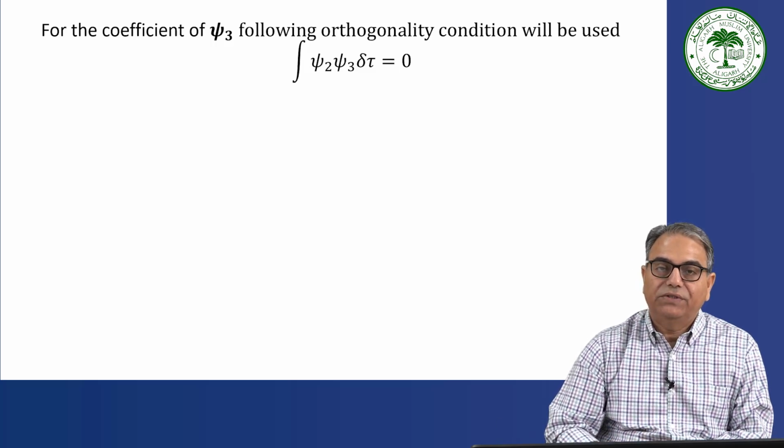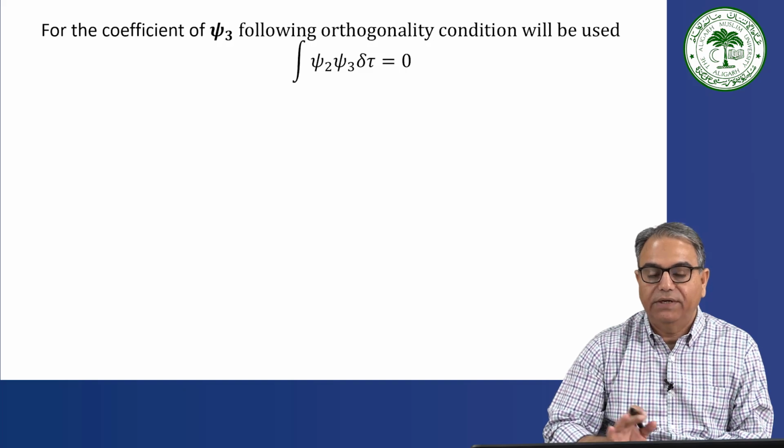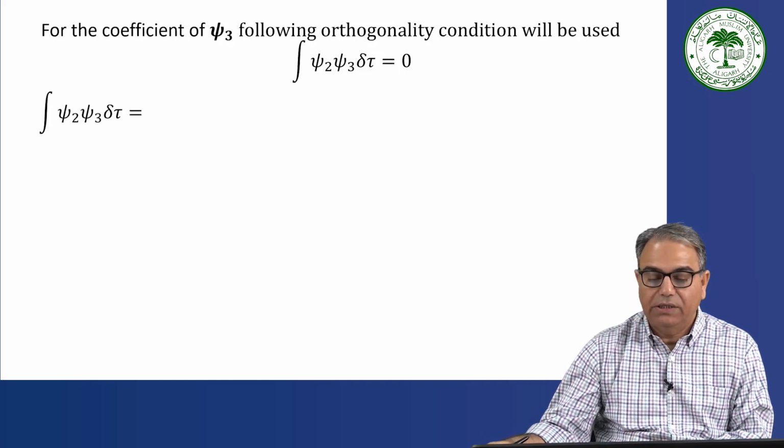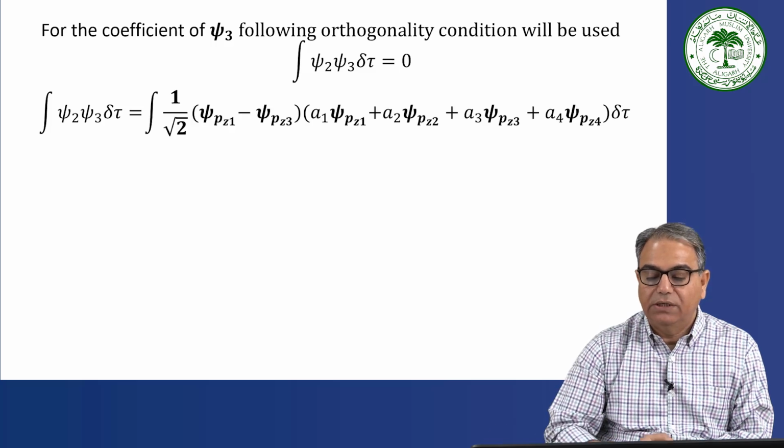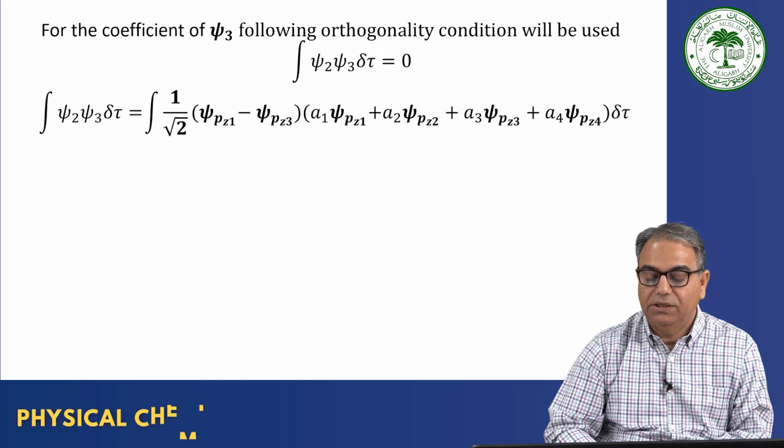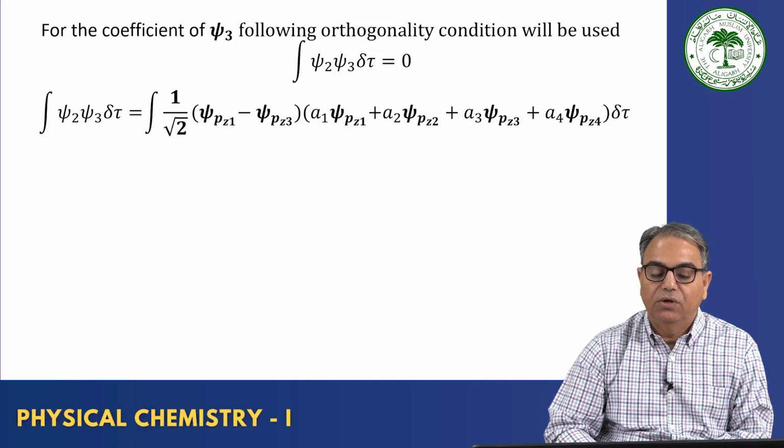For the coefficients of psi 3, what will you use? You will use the orthogonality condition. Psi 2 we have done. For psi 3 you will use the orthogonality condition, which is this one. Because psi 2 I have already found as 1 by root 2 (psi pz1 minus psi pz3), and psi 3 we don't know. For psi 3 I have written coefficients a1, a2, a3, a4.